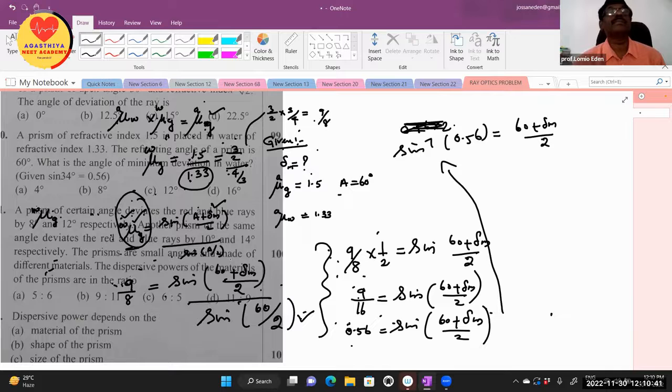Sin inverse of 0.56, how much? 34. Understand?